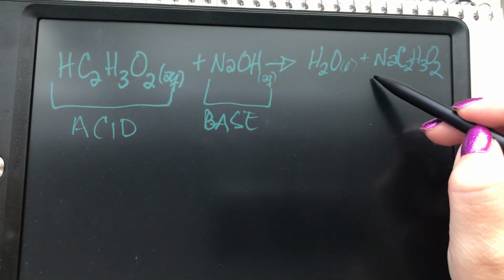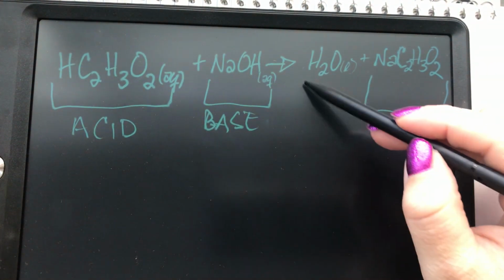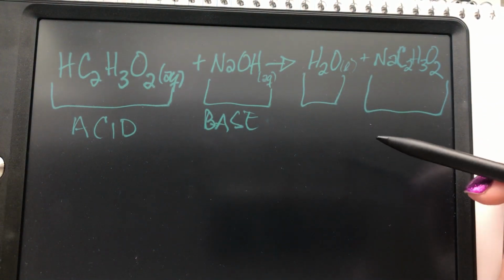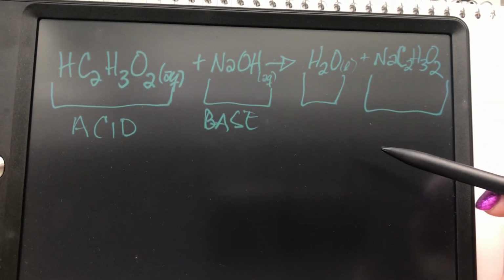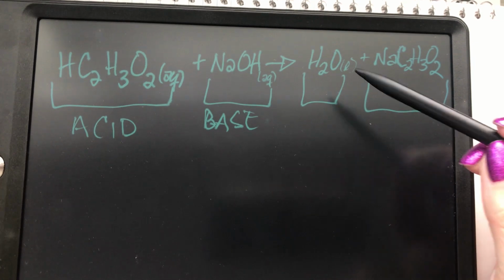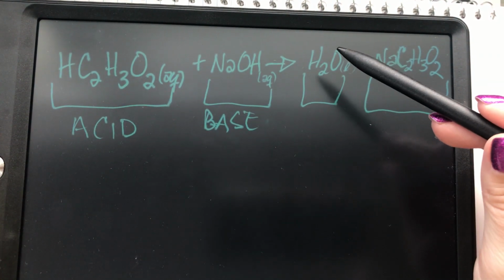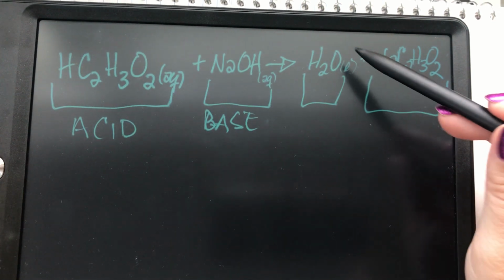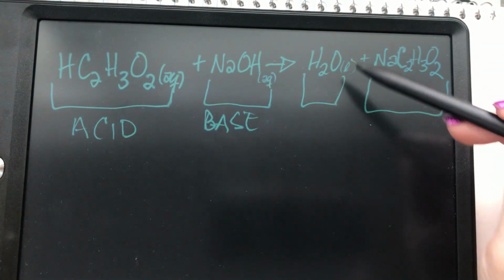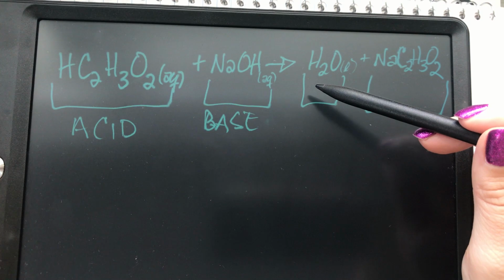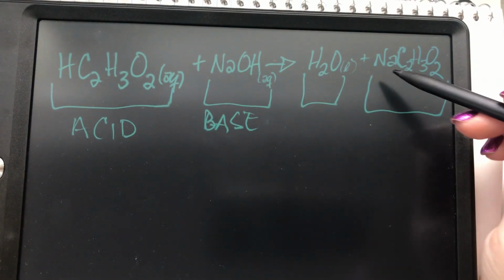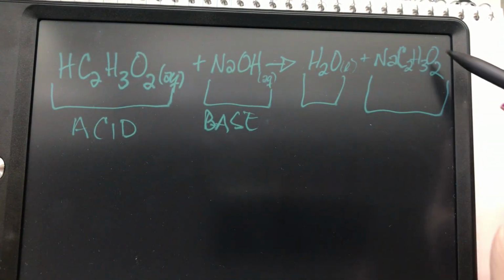And now when we're talking about this guy and this guy, this is where things get a little bit confusing, okay? Technically, water can act like an acid or a base, so it's difficult to know which part it's playing on the product side until you know which one this guy is.